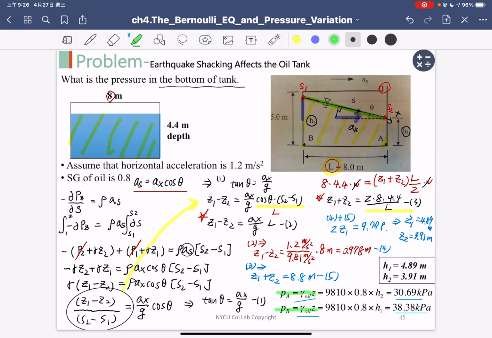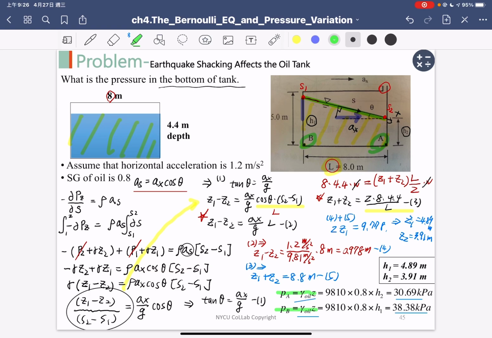But the key knowledge here is that we need to know the depth above points B and A. If we don't know the depth, we cannot calculate the pressure at the bottom. So that is the idea of Euler's equation. This exercise is very important.